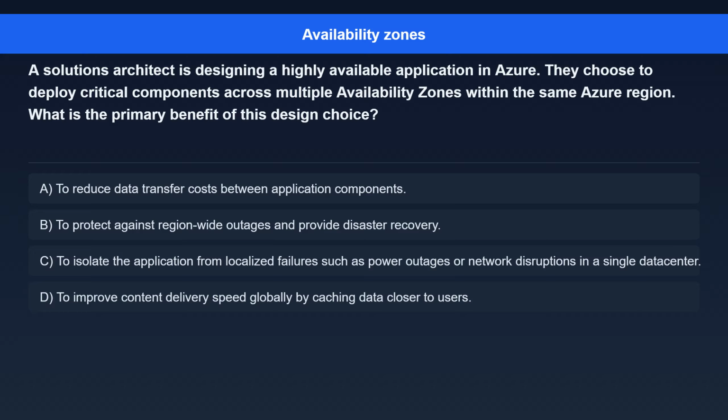Option B. To protect against region-wide outages and provide disaster recovery. Option C. To isolate the application from localized failures such as power outages or network disruptions in a single data center. Option D. To improve content delivery speed globally by caching data closer to users.